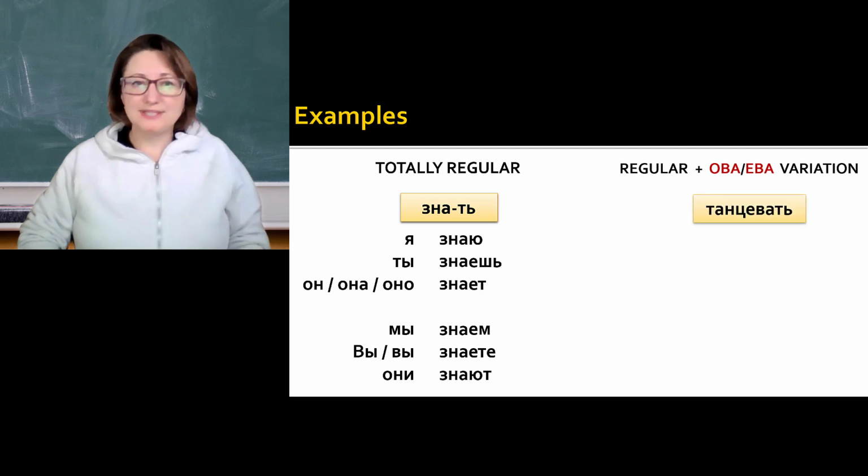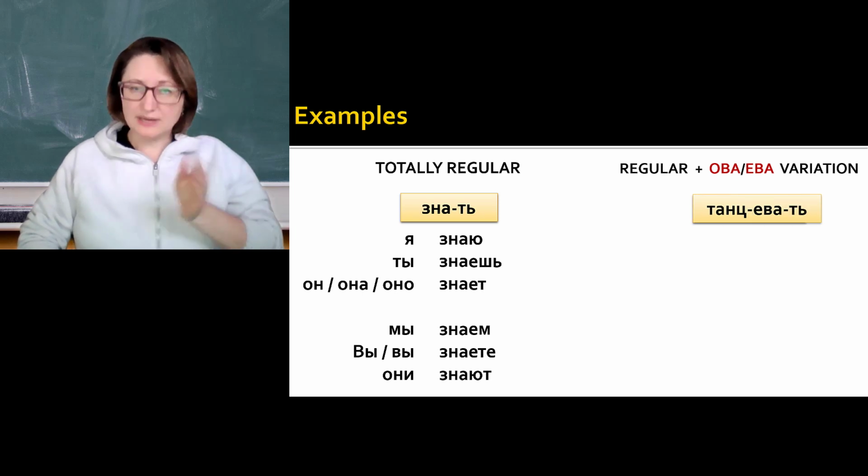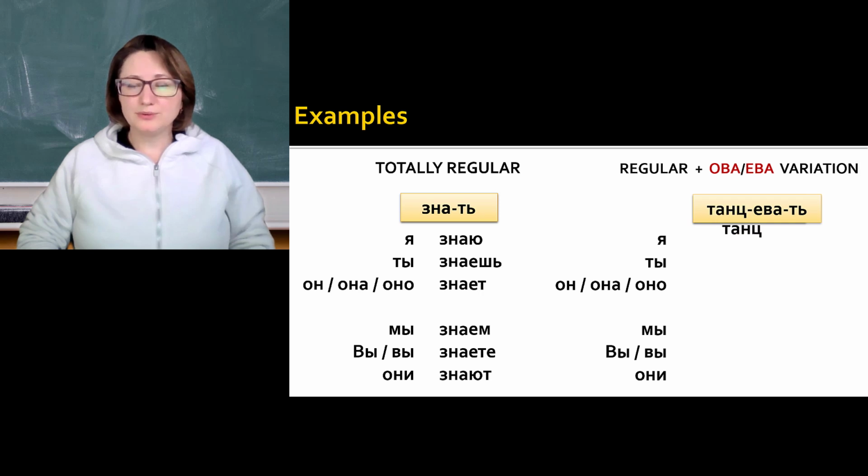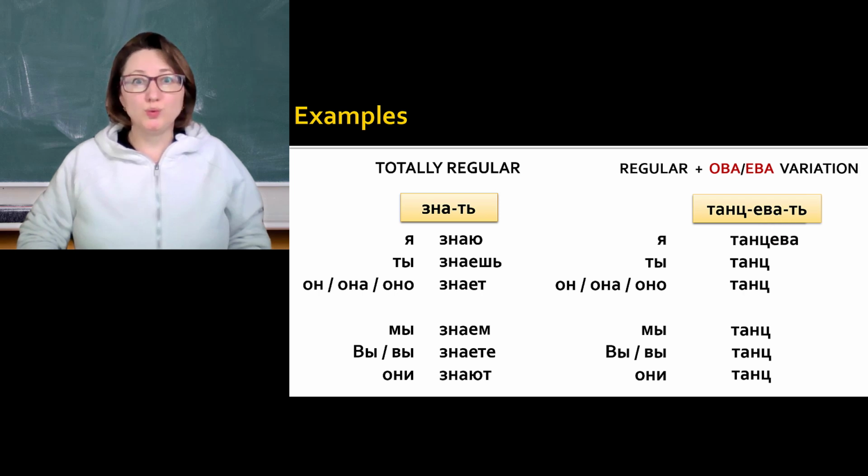The idea is going to be exactly the same, and the steps that we're doing are exactly the same. So we think about it as everything up to jeva, then jeva, and then soft sign. And we will use everything up to it in every conjugated form. Then we'll change jeva into u. And then we're going to add the ending.